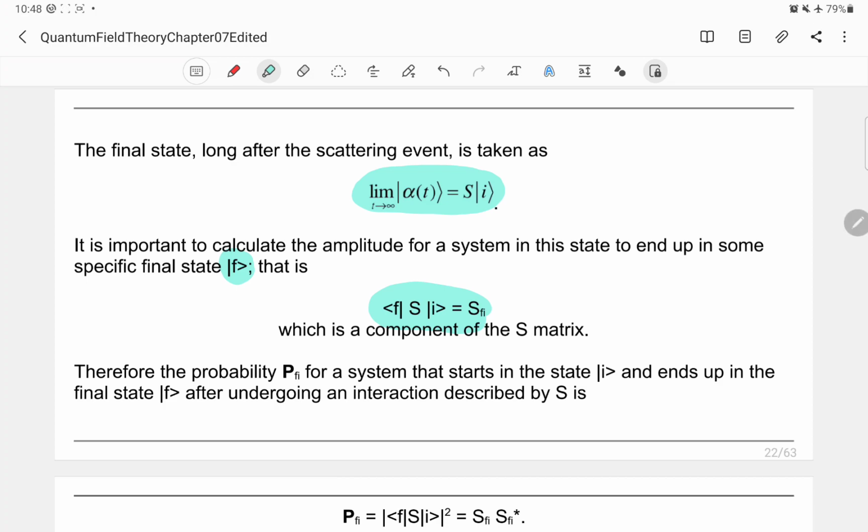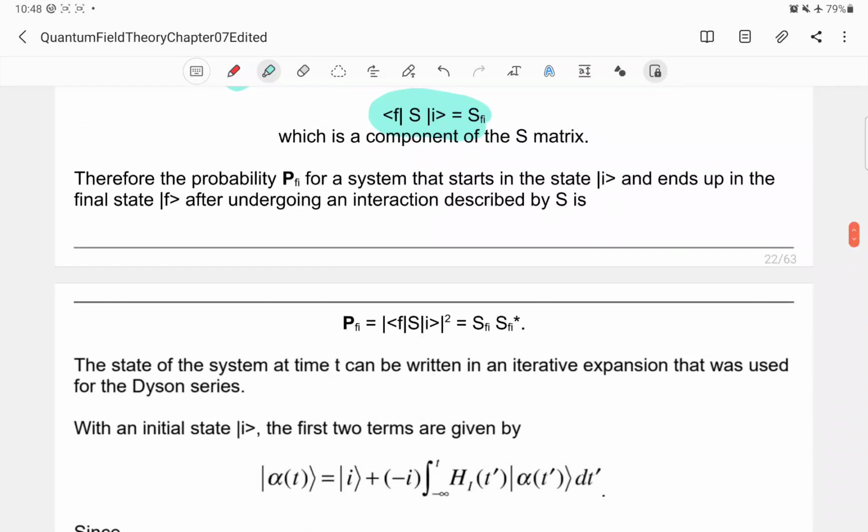So this means that the probability of going from the initial state I to final state F, for a system after undergoing some interaction, is described by S, and your P_FI is given by this one here.